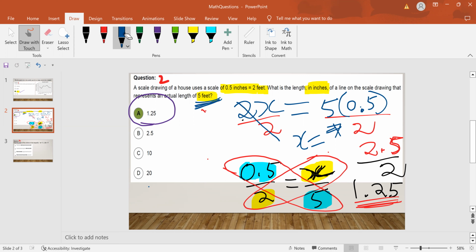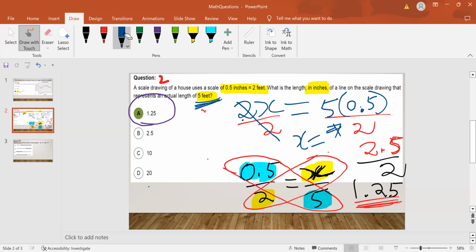So 50 cents 4 times gives you $2, and then you have the other 50 cents. So that's why we have 2.5. And 2.5 divided by 2 gives you 1.25. Or again, $2 and 50 cents divided by 2 gives you $1 and 25 cents.